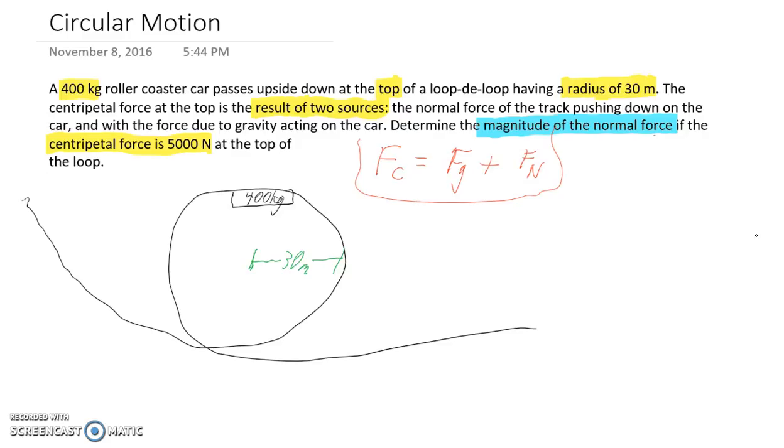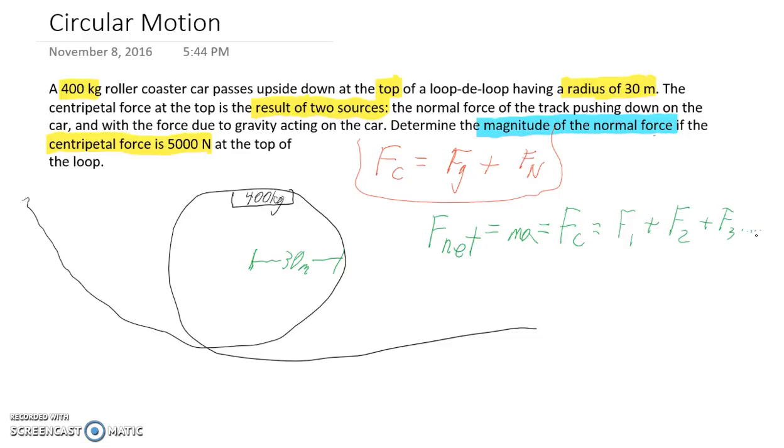But let's look at the situation in terms of Fnet. Fnet equals ma, right? But what is Fnet in this case? Well, if it's at the top of the roller coaster, Fnet is Fc. Fc is F1 plus F2 plus F3, or Fnet is F1 plus F2 plus F3.